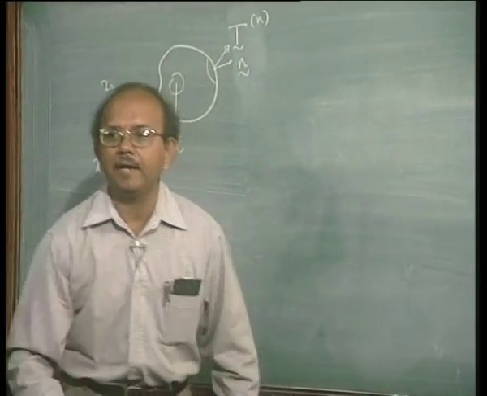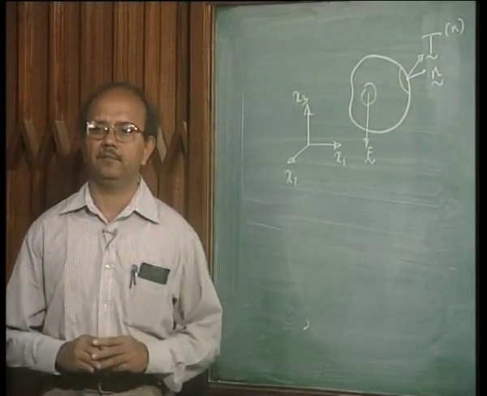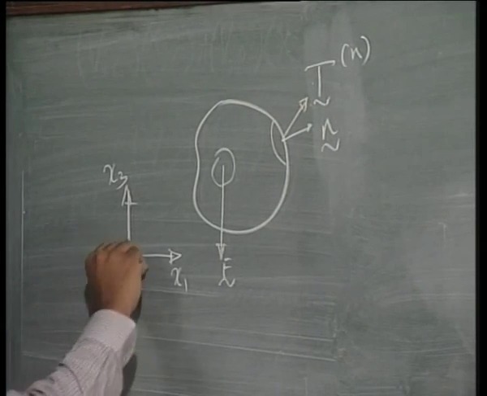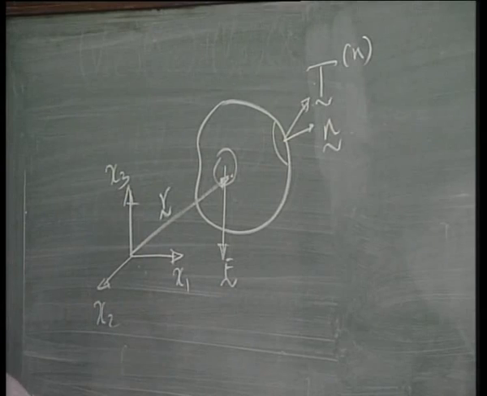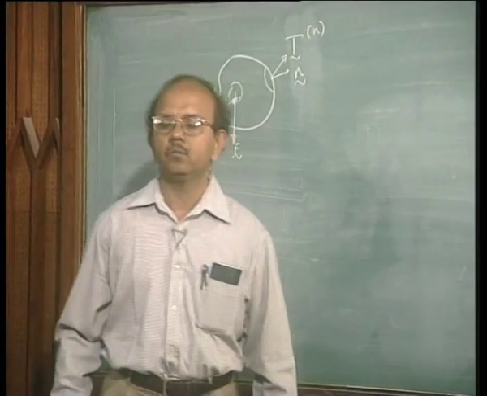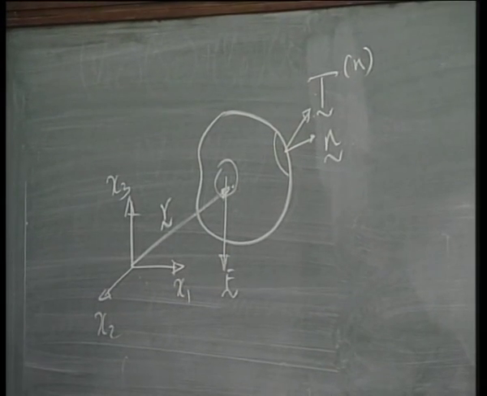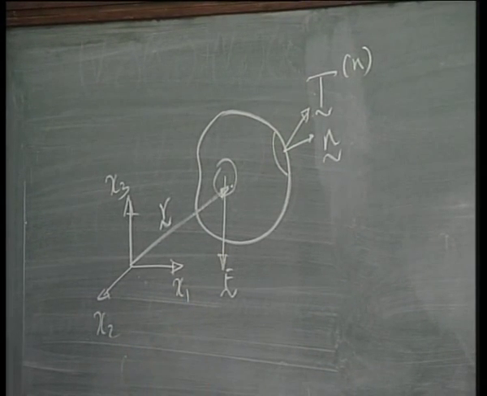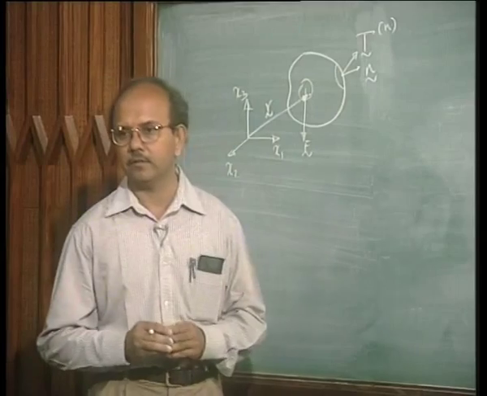Now let me add to this figure what is called a position vector. Let me define a position vector to that point, to be say r. What is r? A position vector, which means that it is defined by means of x1, x2 and x3. They are nothing but the coordinates of that point. So that is a position vector.